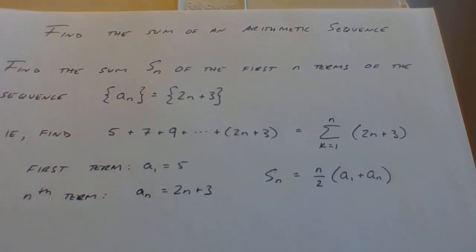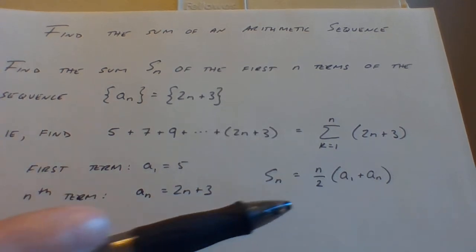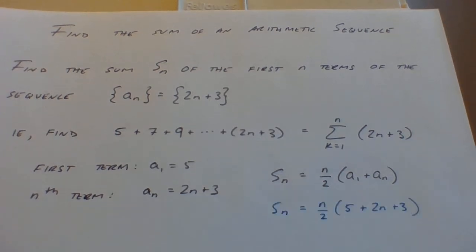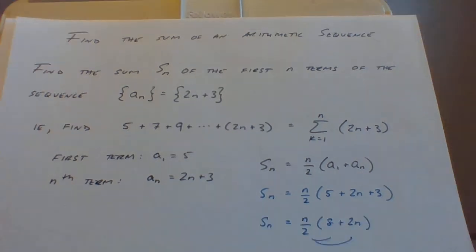Let's go ahead and plug in the pieces that we know. We have an a sub 1 value for our first term. We also have our nth term, so let's just go ahead and leave this summation in terms of n. We can plug in our a sub 1 value of 5, that's our first term, and we can plug in our nth term, 2n plus 3, and let's go ahead and simplify what we have here in our parentheses.